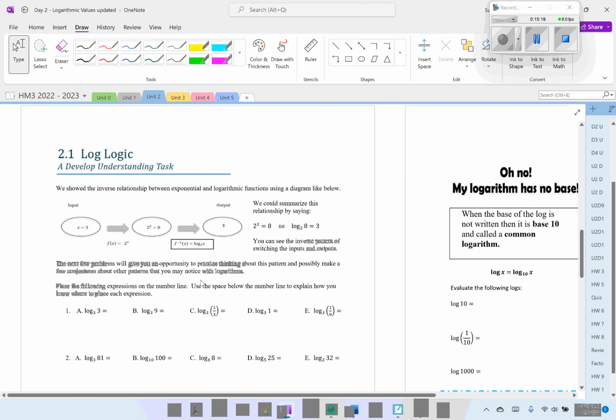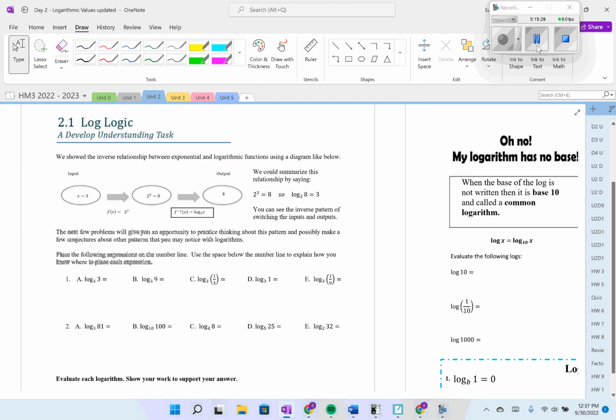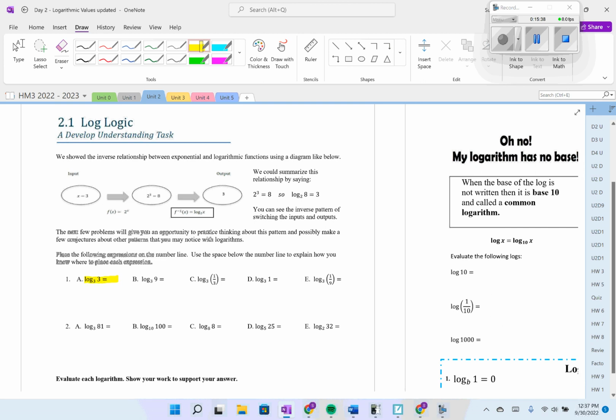So in this next part, we're going to evaluate each expression, and we're going to use exponential form to help us do so. So here's an example for the first one. We have log base 3 of 3 equals what?